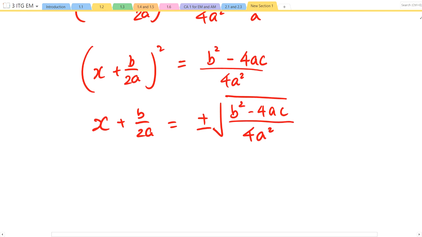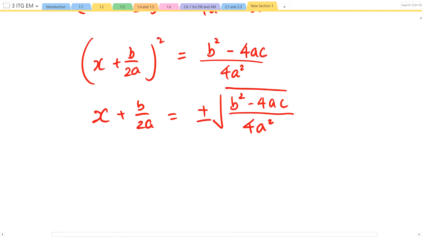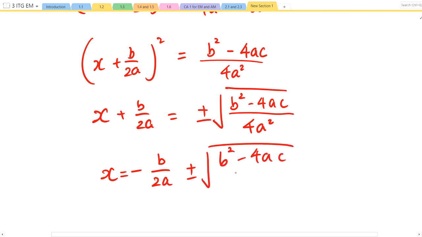Okay. My x is starting to be isolated. I only want x. What do I do? Minus B over 2A. Okay, x equals minus B over 2A plus minus the square root of B squared minus 4AC over 4A squared. Am I right so far?